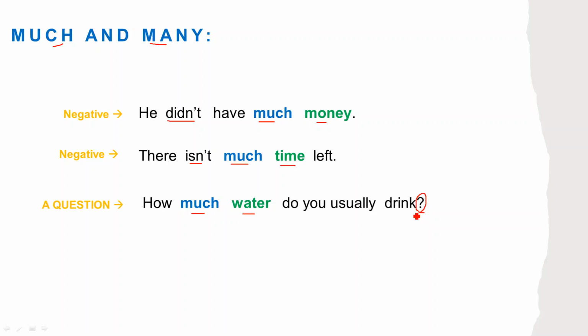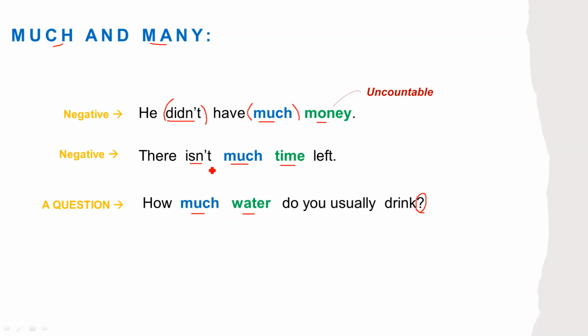So I understand from the examples in front of me that in the first sentence, much came with the uncountable noun, so we use it with uncountable nouns, and also we use it in negative sentences.